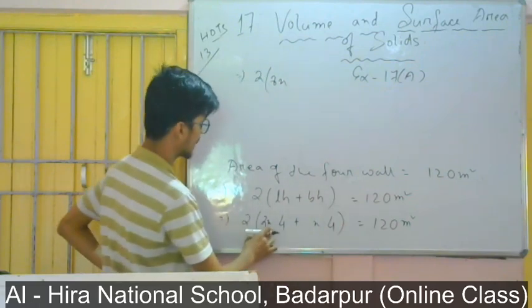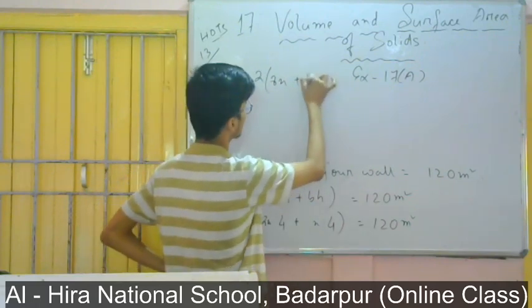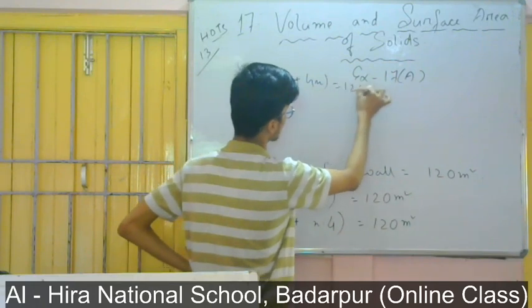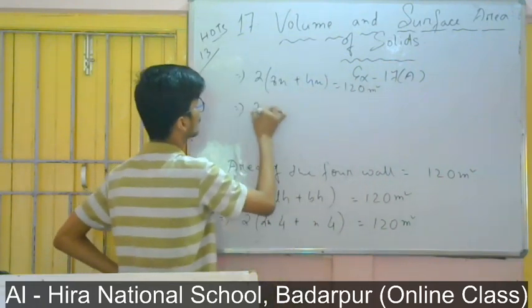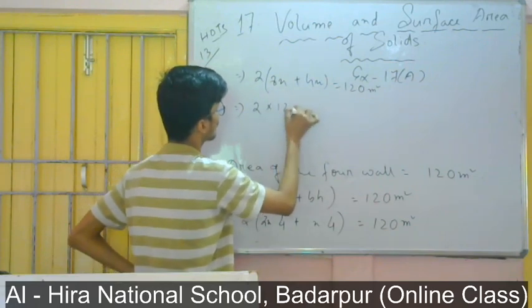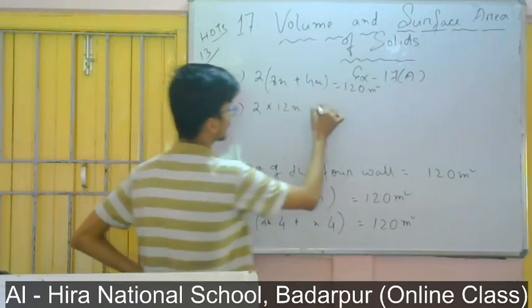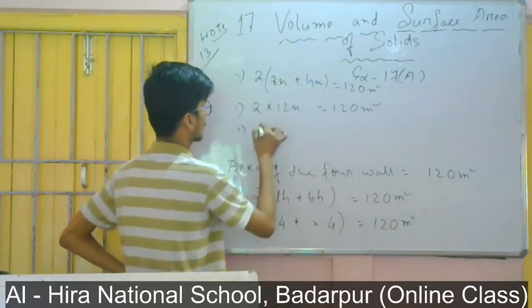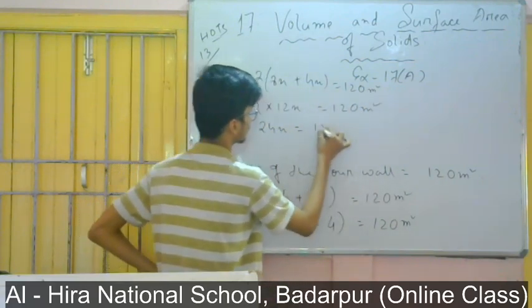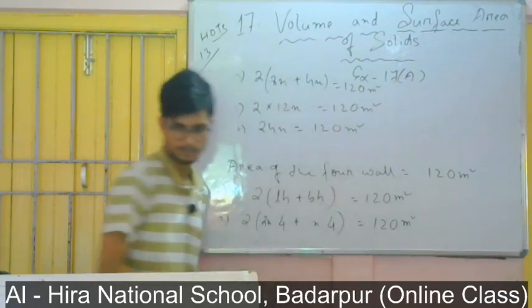So 8x plus 4x, which is equal to 120 meter square. 2 into 8 plus 4, it is 12x, equals 120 meter square. 12 2s are 24x, equals 120 meter square.